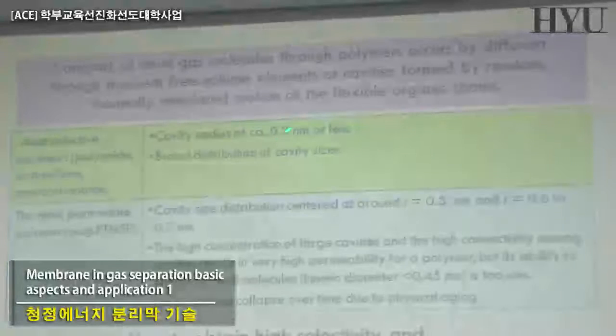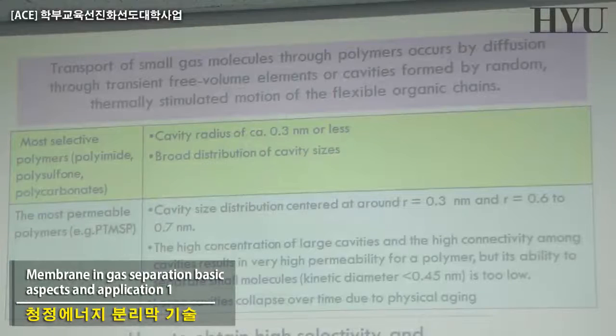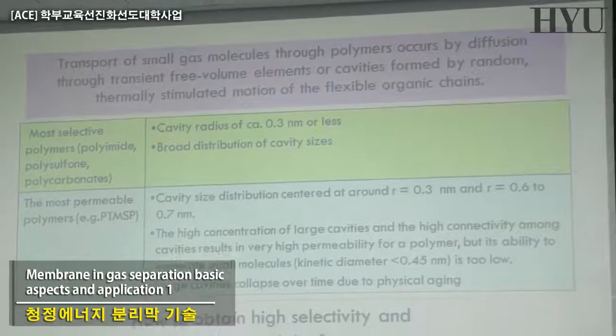And so that is the situation we have, where these cavities or free volume are formed by random thermally stimulated motion of the flexible organic chain. So flexibility is a very important aspect of the morphology of our polymeric material to obtain a good permeability.